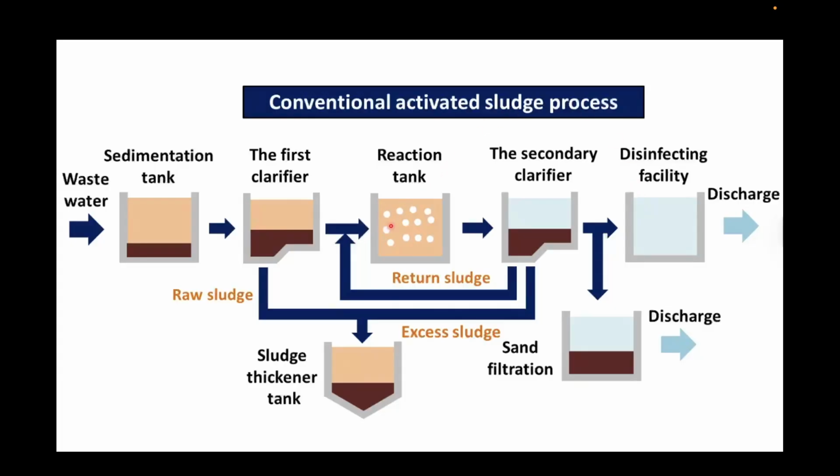The important area is the reaction tank, in which microbes are added, which consume the biochemical and organic matter dissolved in the water, and a fraction of this solid waste is now returned back to new wastewater and treated as activated sludge.